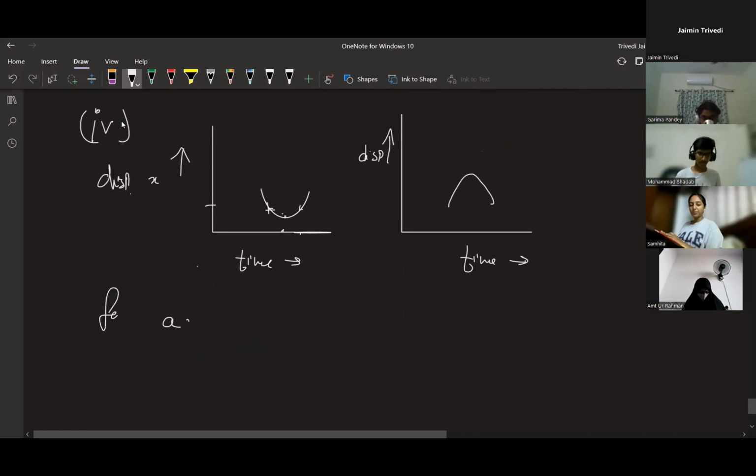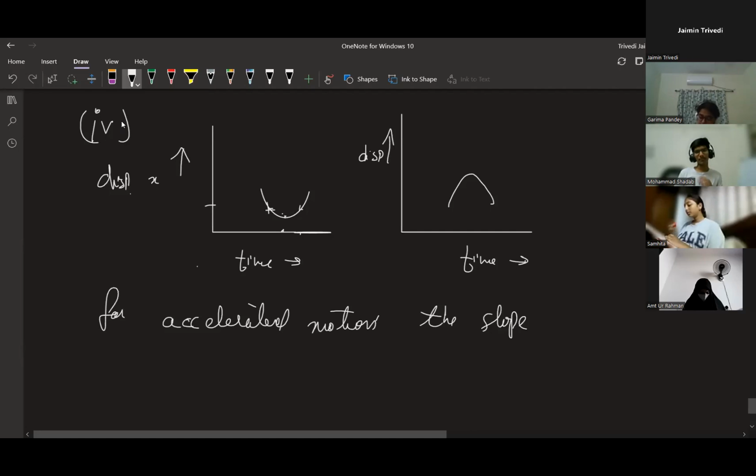For accelerated motion, the slope of the time displacement graph will increase simultaneously. See the graph both sides. With one displacement value, we are getting 2 times.